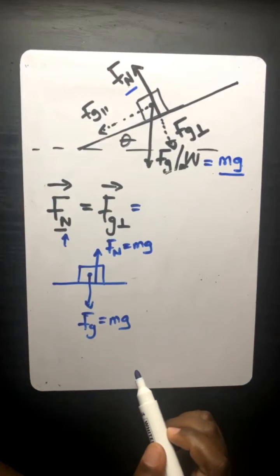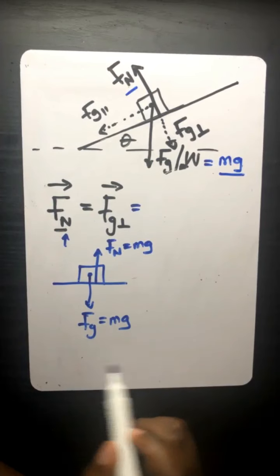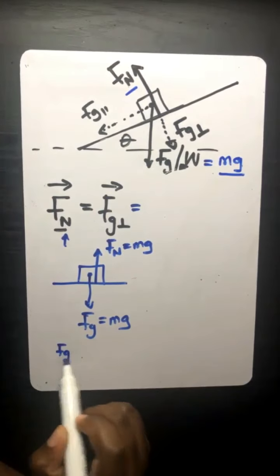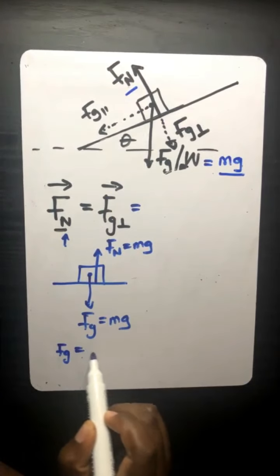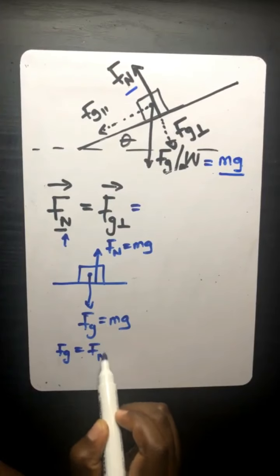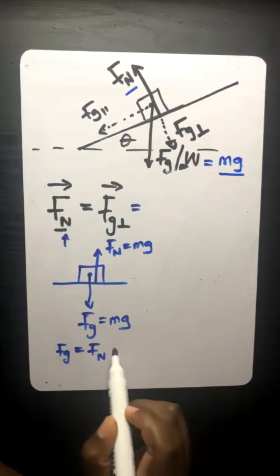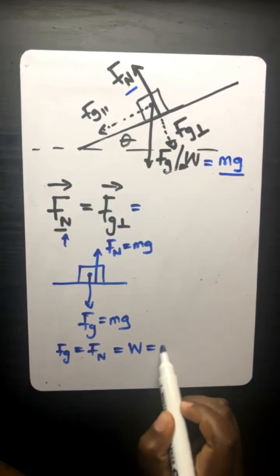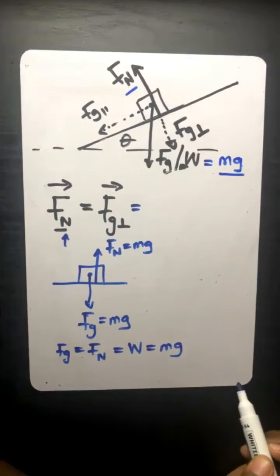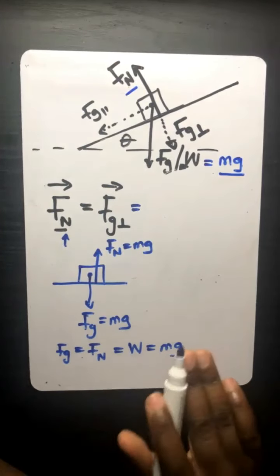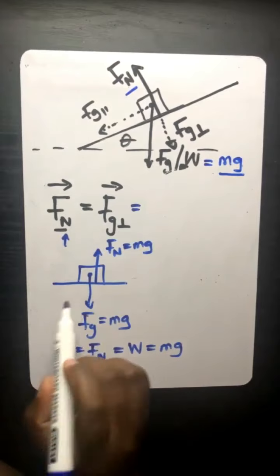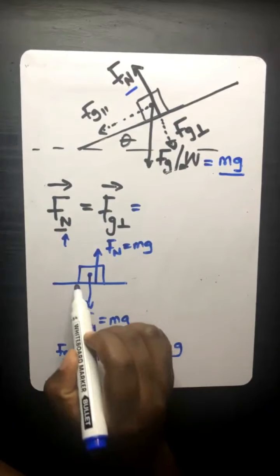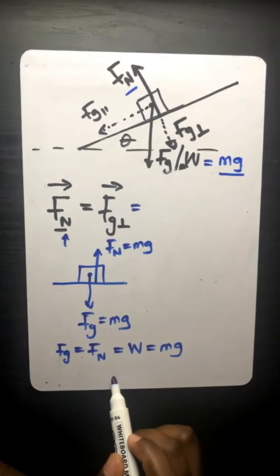That is what you should be aware of. That's why we said force of gravity is equal to force normal. So we know this is the same as the weight. What is the weight, guys? The weight is the mass of an object times its gravitational acceleration. Done. It's as simple as that, for a surface which is horizontal with an object positioned there.